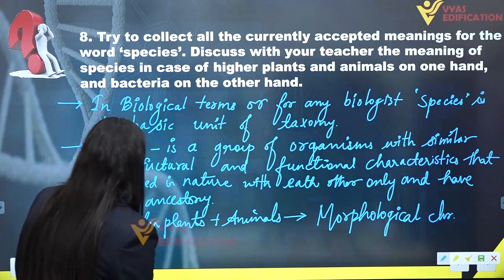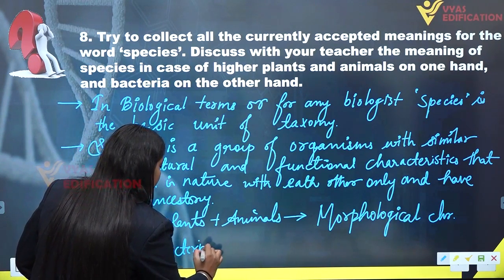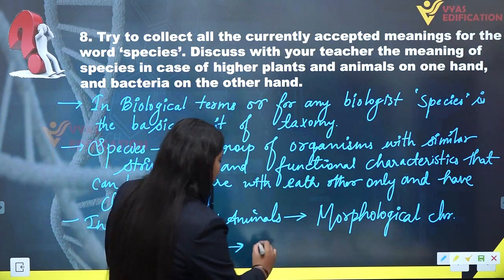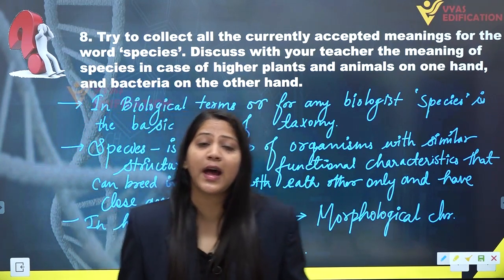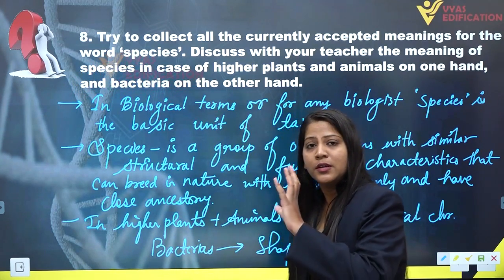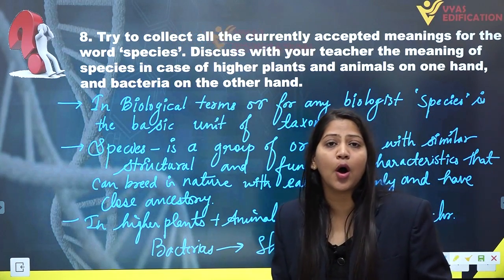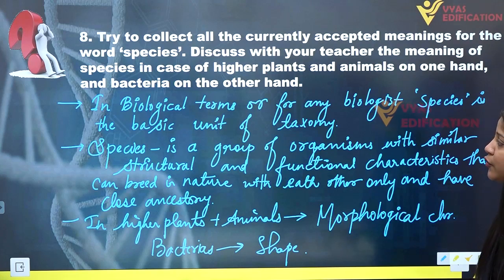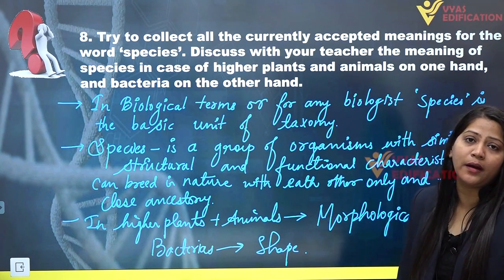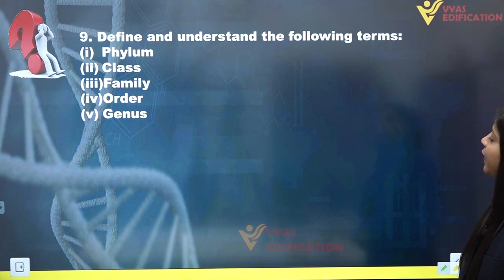Alright, and in the case of bacteria, the species are distinguished on the basis of shape. Hence, we can conclude that in case of higher plants, animals and bacteria, species are not same at all. Alright, so this is the complete solution. This is the complete answer of question number 8. Now question number 9, define and understand the following terms.